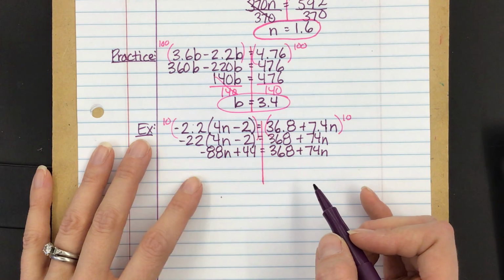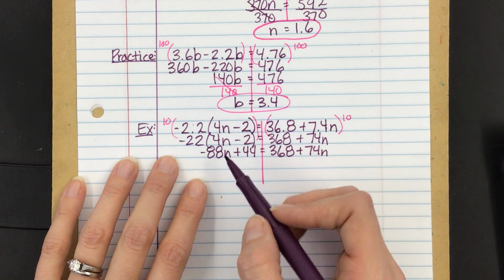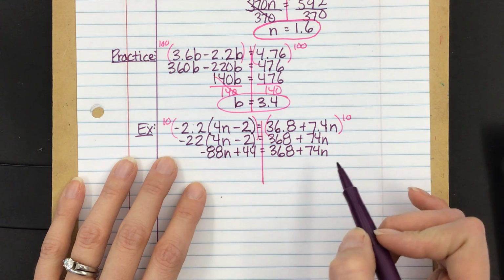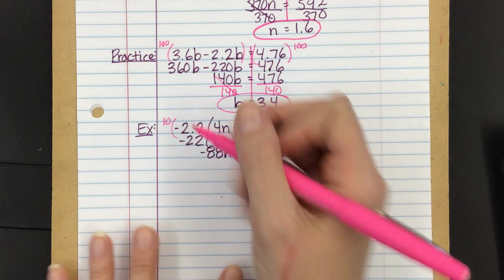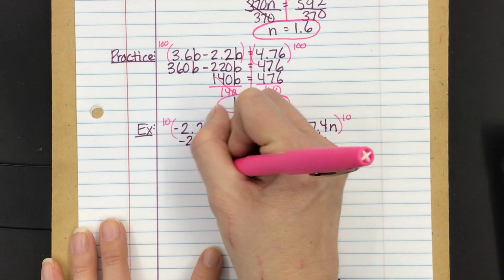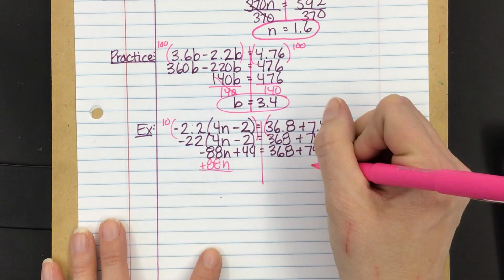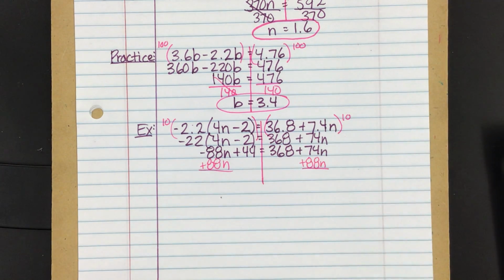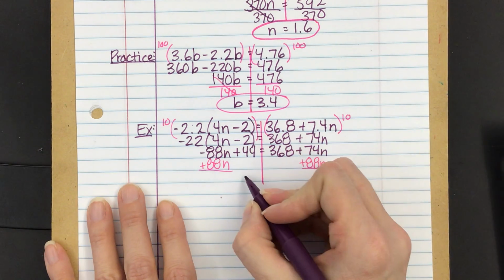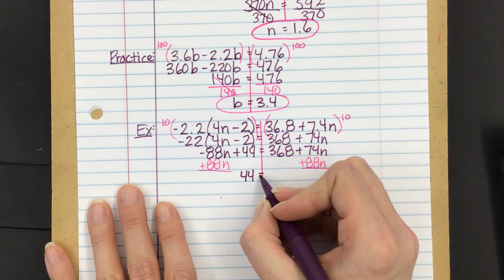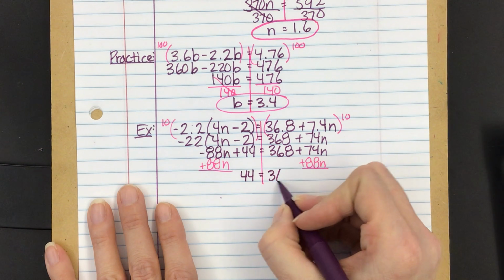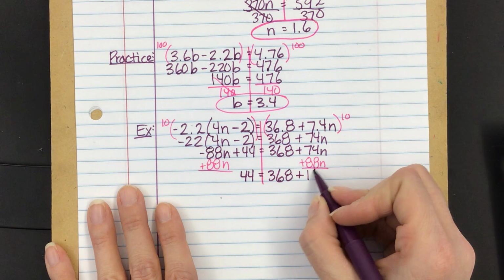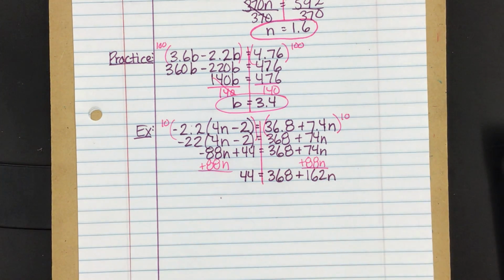So I'm going to move my variables to one side. I'm going to choose to move the negative 88n just because when I add 88n to both sides, it will make everything positive. And I like things to be positive. So we're left with 44 over here. And then we have 368 plus 162n.